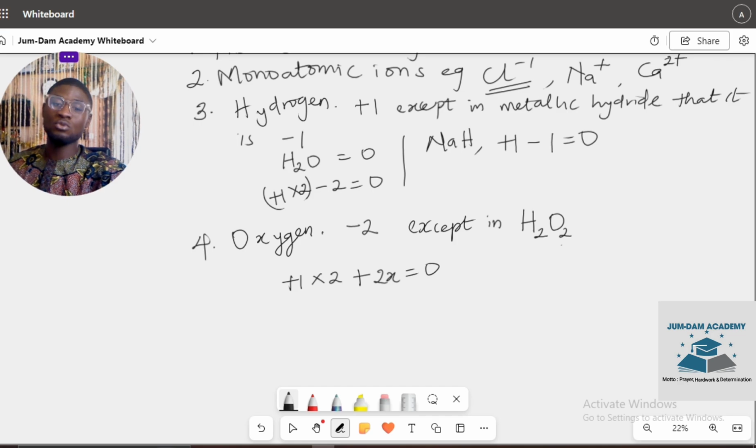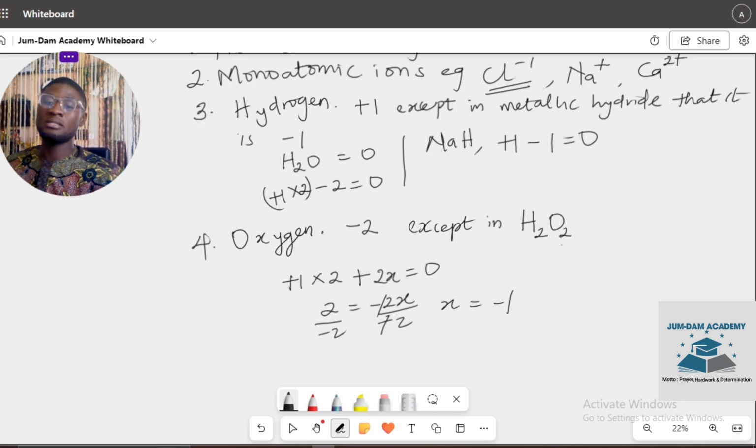So 2 times 1 is 2, plus 2x equals 0, giving 2x = -2. We divide both sides by 2, so x is equal to -1. So in hydrogen peroxide, the oxidation number of oxygen is -1. So take note of that.